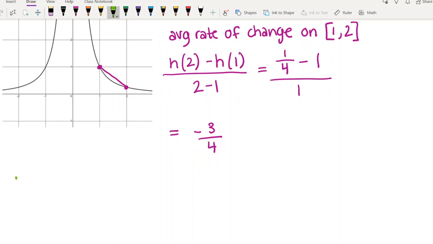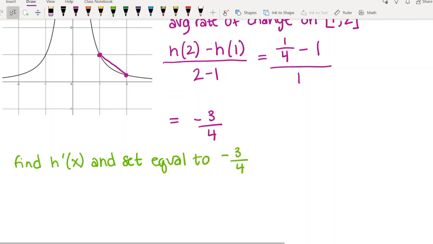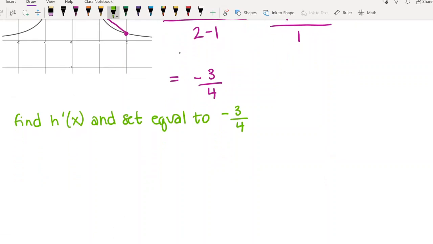And so our next step is we're going to find h prime of x, and we're going to set it equal to negative 3/4. So if our original function is 1 over x squared, that can be written as x to the negative 2. It's the same as 1 over x squared.